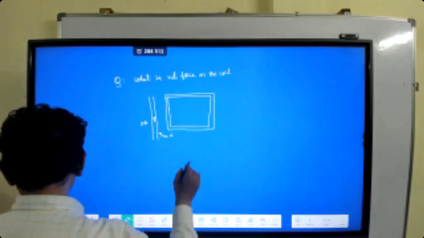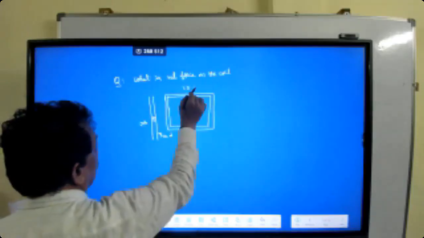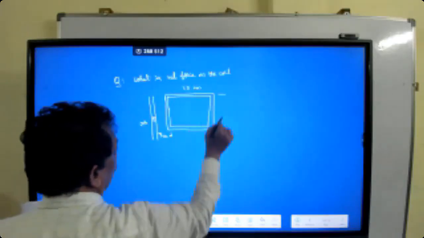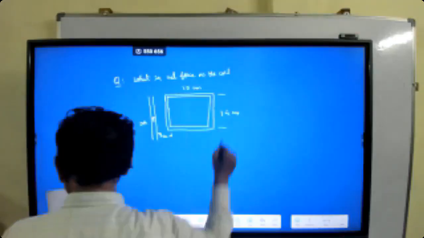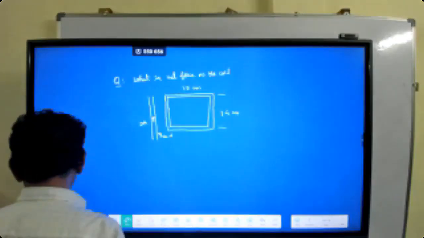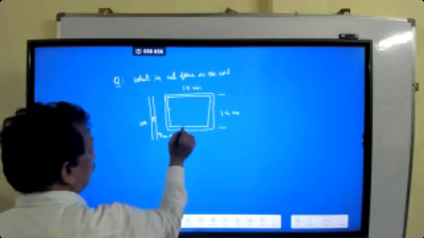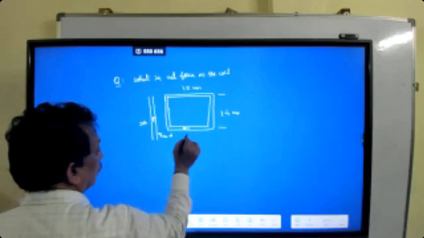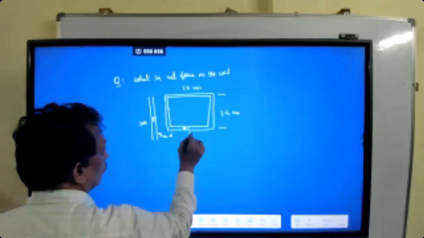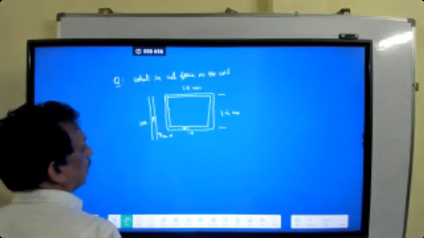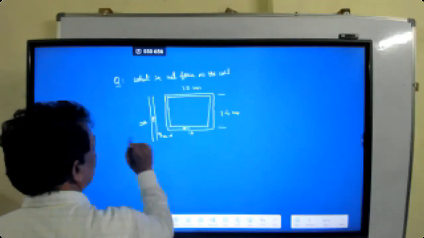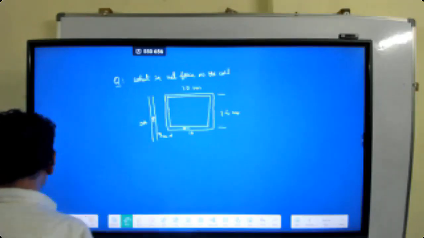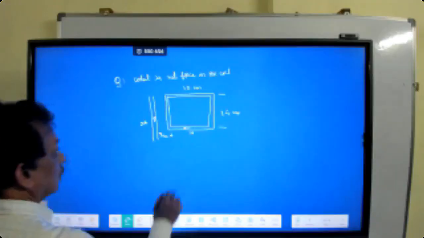Here this length is 10 centimeter, and this is 15 centimeter. Now the current in this is 1 ampere, and the diagonal is 5. The other carries 2 ampere, the same current.